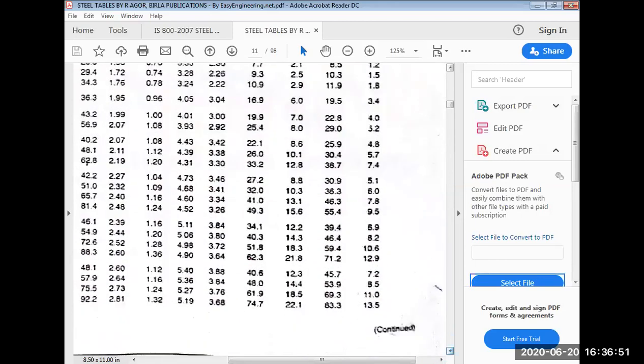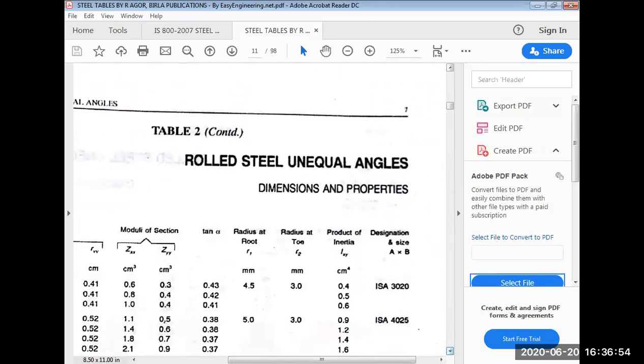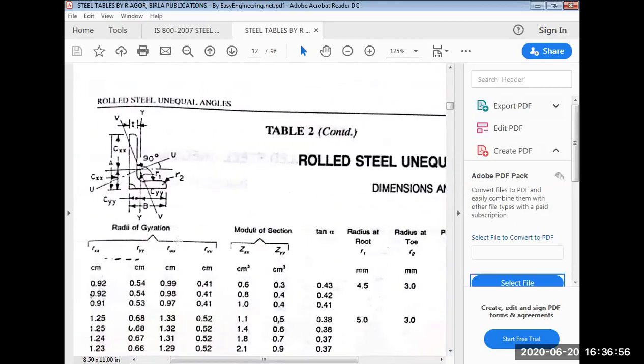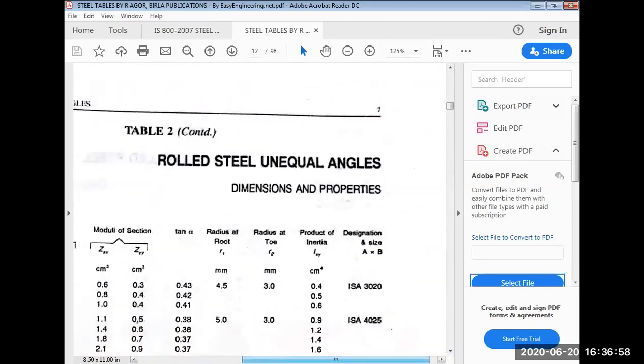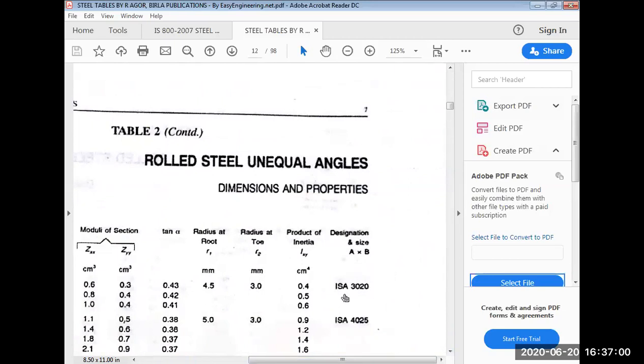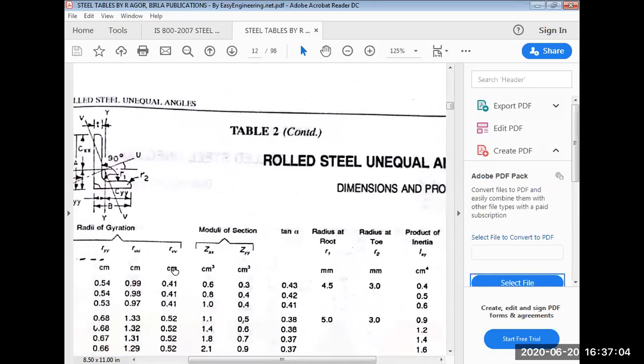Then I will show one example of I section. This is the unequal angle. See, unequal angle, it means here 30 by 20 is unequal, means depth here is 30 and width is, sorry, 20.